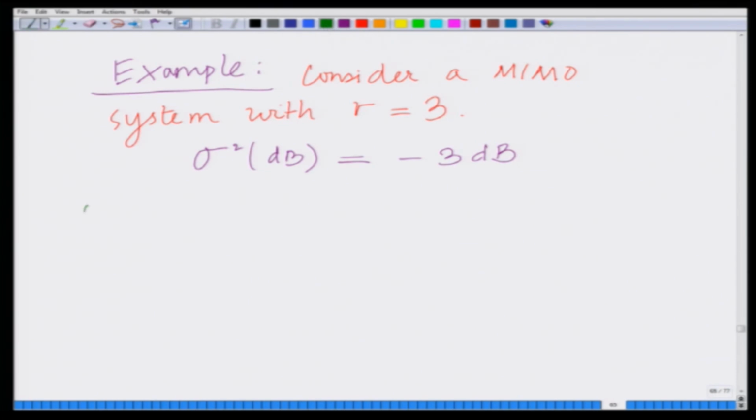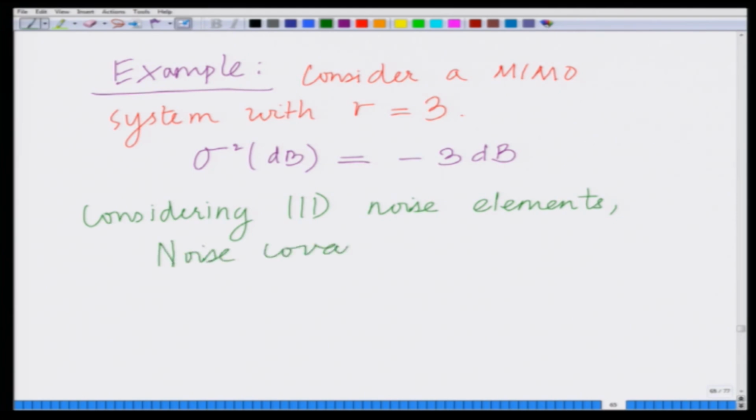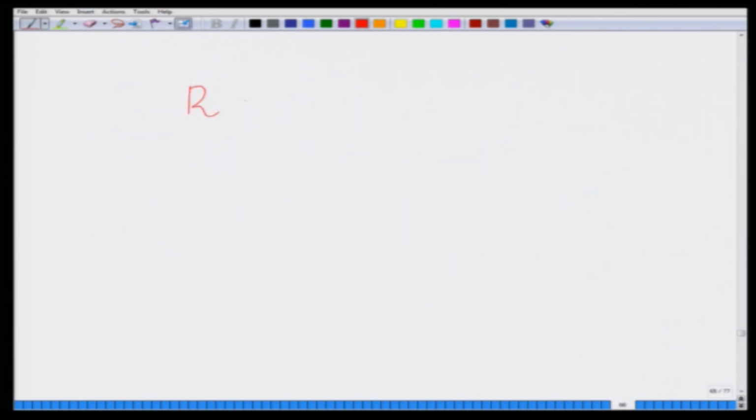Considering IID noise elements, what is the noise covariance? As we have already seen, the noise covariance R is equal to sigma square times the identity, where I is the R cross R, that is 3 cross 3, identity matrix.